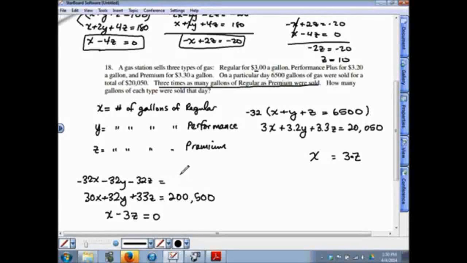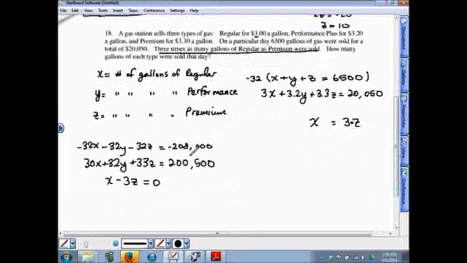And multiply 6,500 by negative 32, you get negative 208,000. So if we now add these two, the top 2 equations, we're going to get negative 2x plus z is equal to negative 7,500.